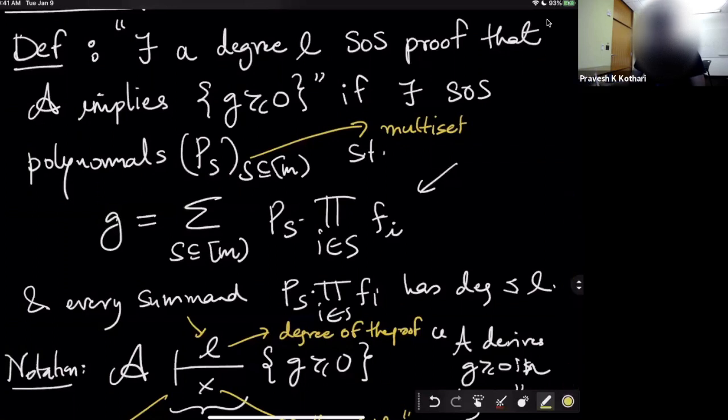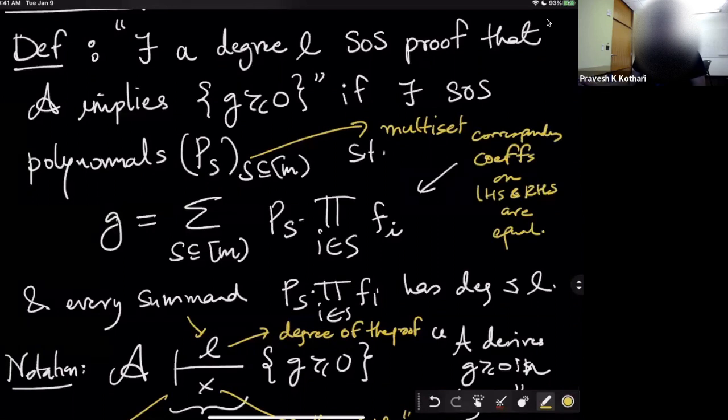That's what the equality means. Corresponding coefficients on left and right hand sides are equal. And that's equivalent to these polynomials being equal as functions over the reals, by, let's say, the Schwartz-Zippel lemma or whatever.